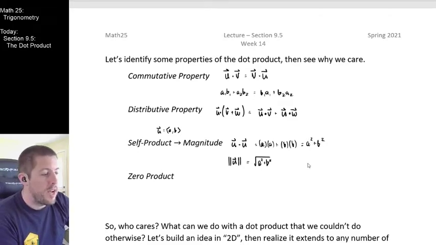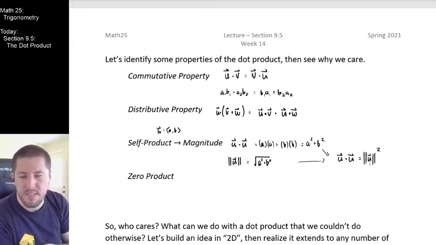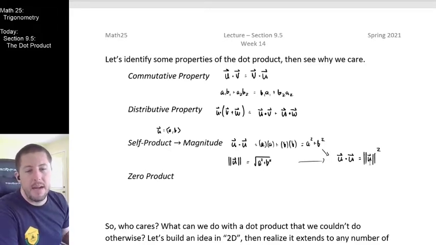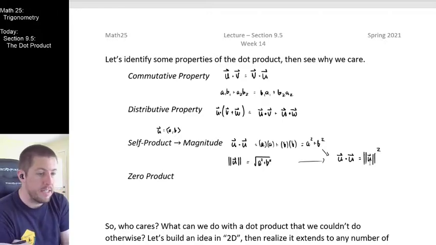When you dot u with itself, it's very similar to squaring. We say we're squaring the magnitude because if you say square a vector, I think we'll just take the dot product. So the squared magnitude is equal to taking the dot product with yourself. We'll take advantage of that one here today.